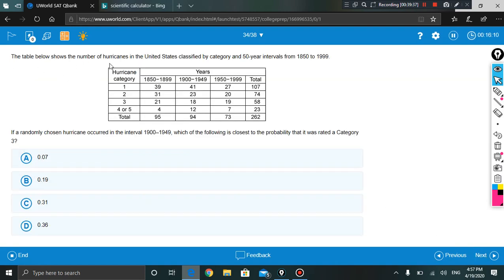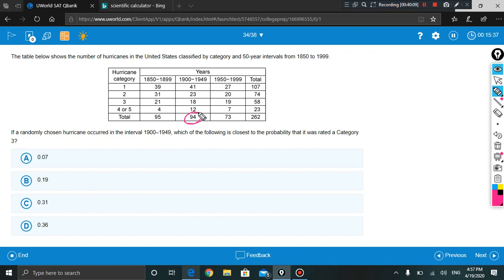The table above shows the number of hurricanes. Okay. Nice, I like hurricanes. Okay, if a randomly chosen hurricane occurred in the interval. Okay, so out of this 94. So we're talking about, let me show you guys what we're talking about. Oops, sorry about that. We're talking about the 94. Which of the following is closest to the probability that it was rated a category 3?